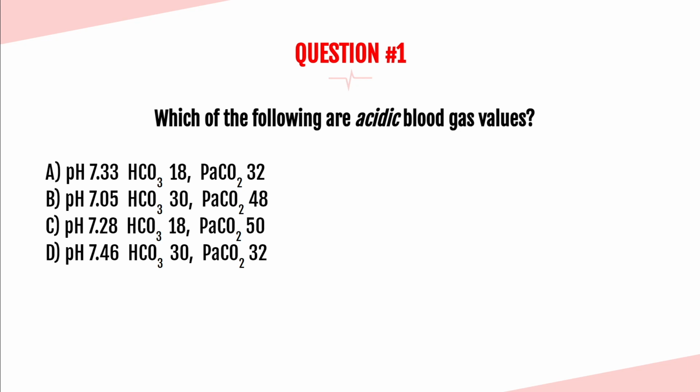Question number 1. Which of the following are acidic blood gas values? Is it A, a pH of 7.33, HCO3 of 18, PaCO2 of 32, B, a pH of 7.05, HCO3 of 30, and PaCO2 of 48, C, a pH of 7.28, HCO3 of 18, and a PaCO2 of 50, or D, a pH of 7.46, HCO3 of 30, and a PaCO2 of 32.